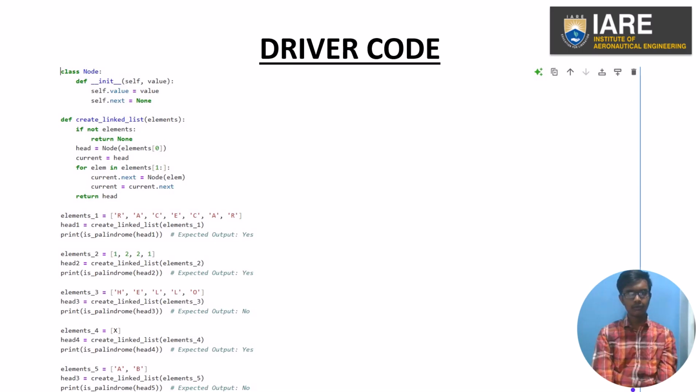Then, for each example list, I had created a linked list and called the isPalindrome function. Hence, the final output prints yes or no depending on whether the given list is a palindrome or not.